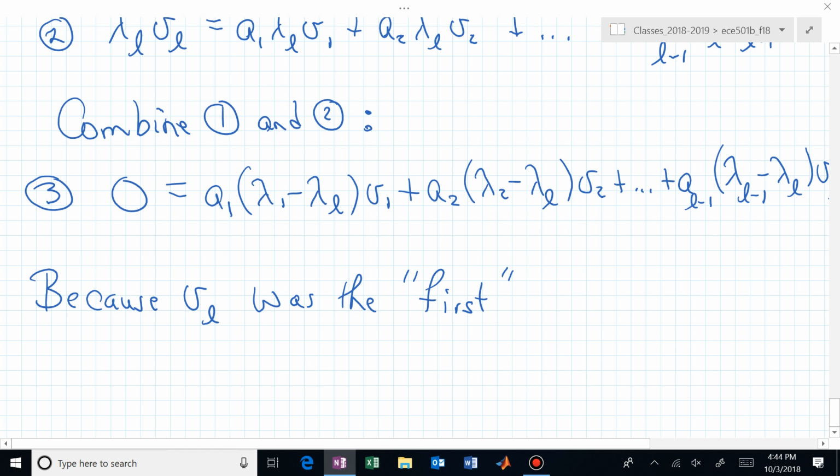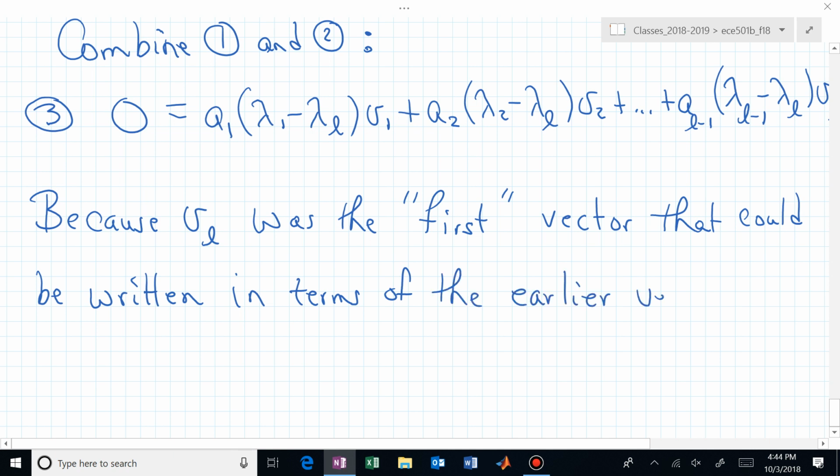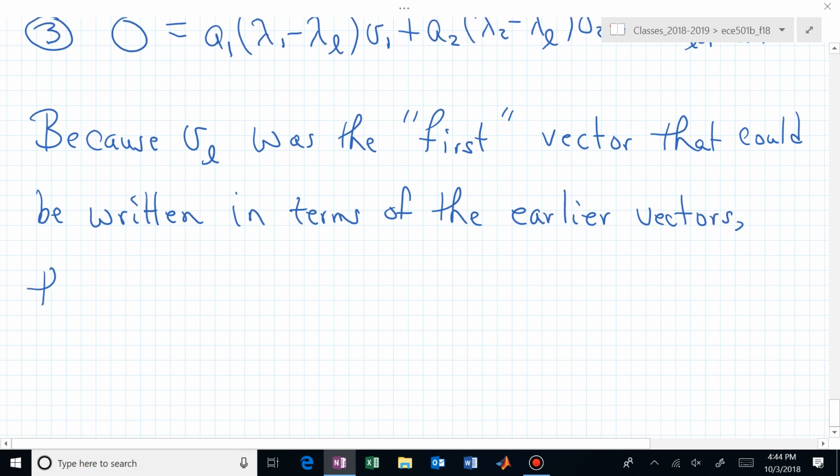V sub L was the first vector in our list of vectors that could be written in terms of the earlier vectors, the list V1, V2, up to V sub L minus 1.